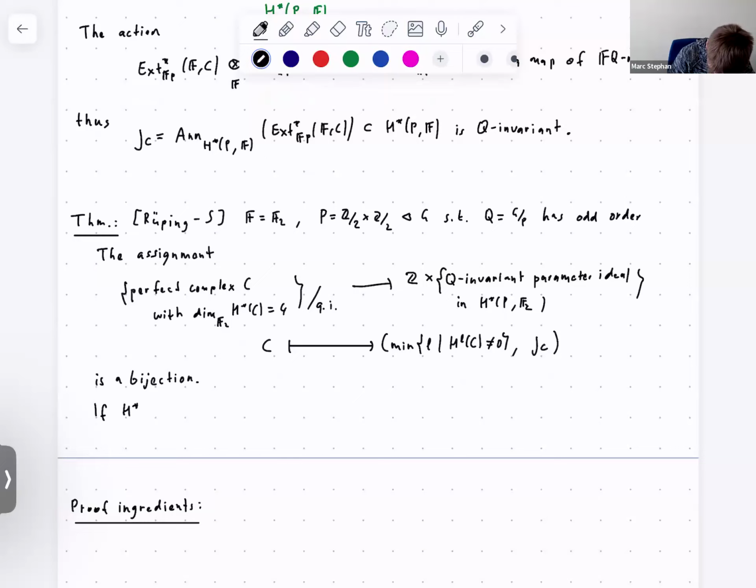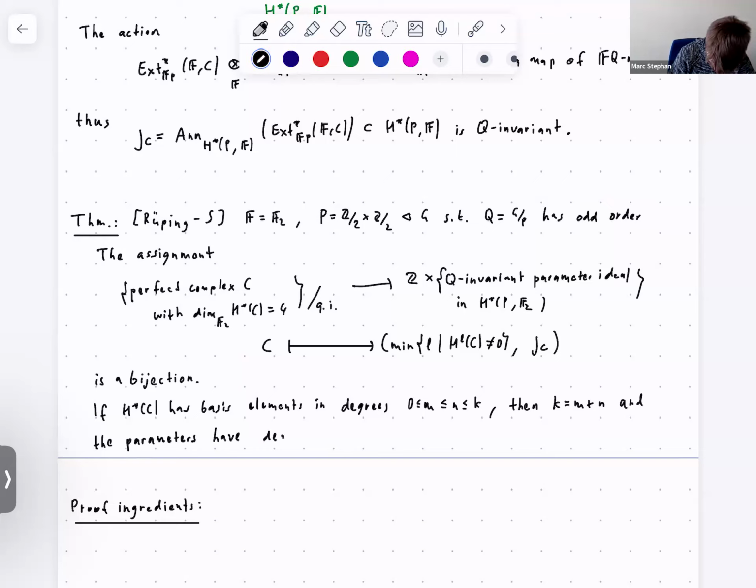So if H star of C has basis elements in degrees 0, M, N, and K, then this last one must be the sum of N and M. And the parameters are of degrees n plus 1 and n plus 1, so one higher than where we have the homology.